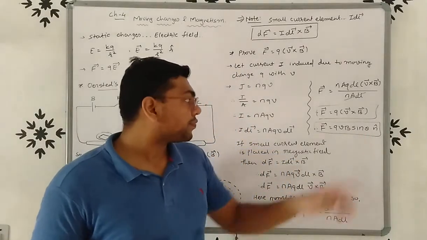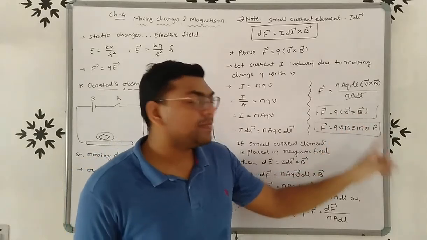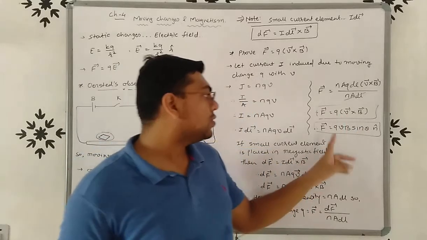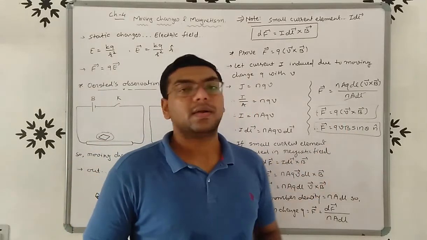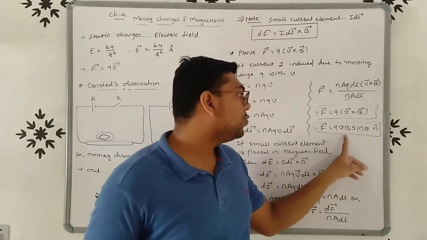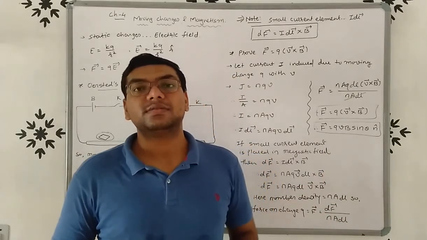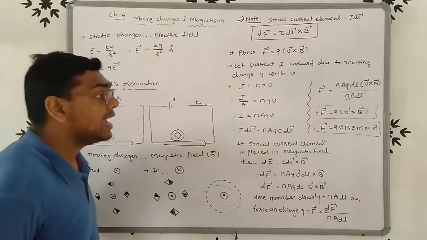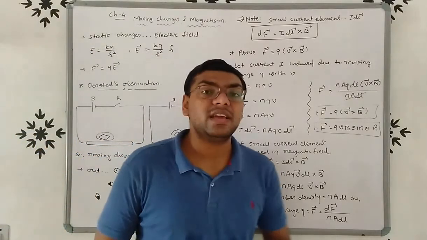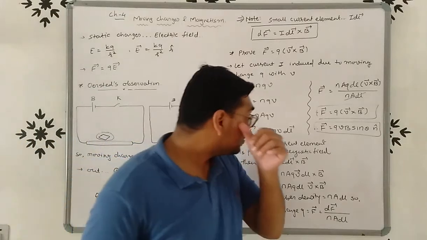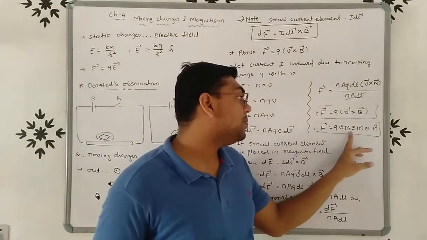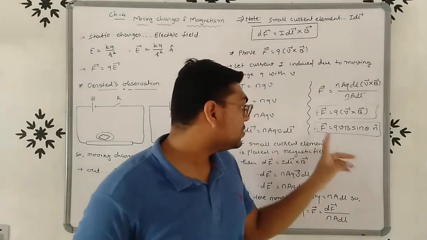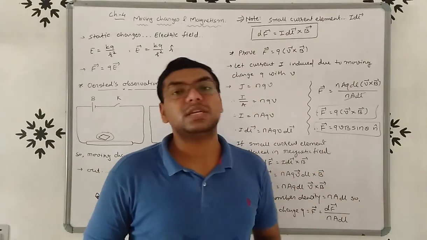If the directions of V and B are opposite, then theta is equal to 180, so F is equal to QVB into sin 180, but sin 180 is 0, so F is equal to 0.